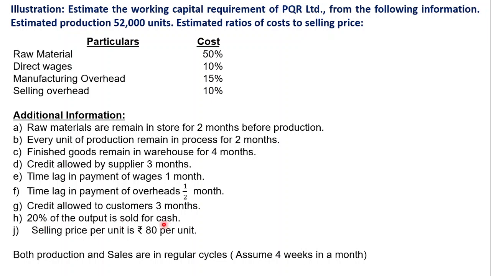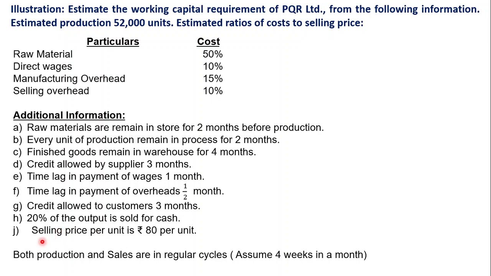The remaining part should be taken as credit sales, that is 1 minus 1/5, which is 4/5. So this 4/5 is to be taken as credit sales for calculating the value of sundry debtors.